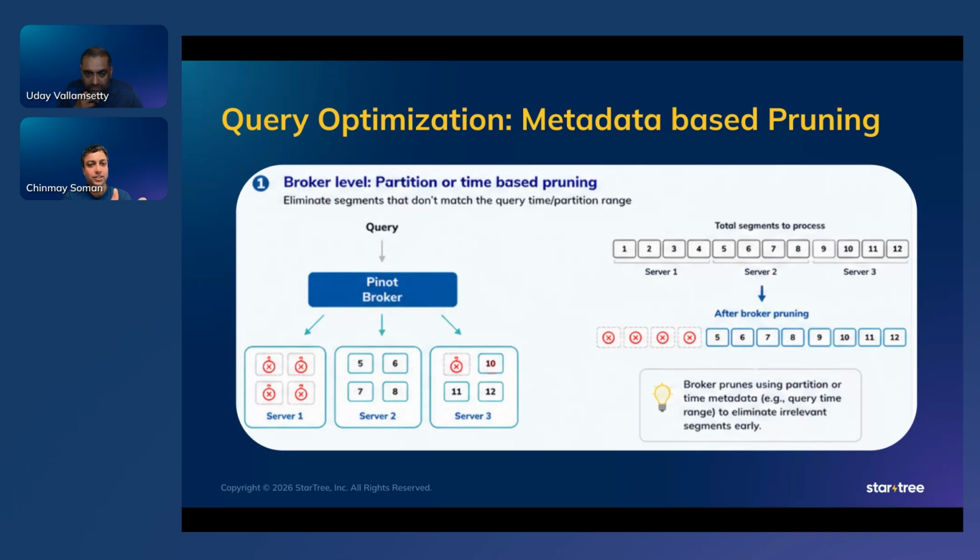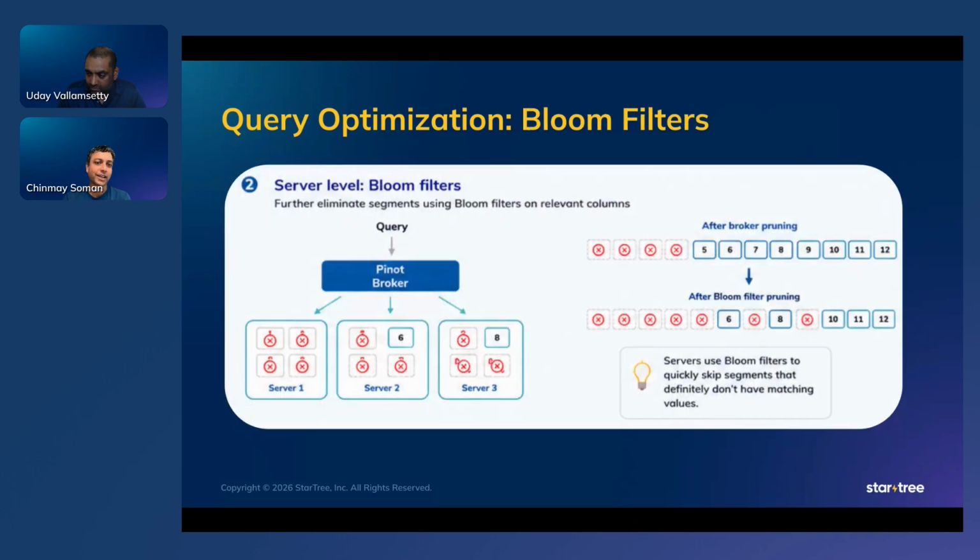Contrast this with traditional engines, which typically do apply partitioning to a certain extent. So some of this is common, but not all systems do this. Another one is Bloom filter. Now we know which servers we need to talk to, and at a server level, we can further employ Bloom filters to say whether the data exists in the corresponding segments or not.